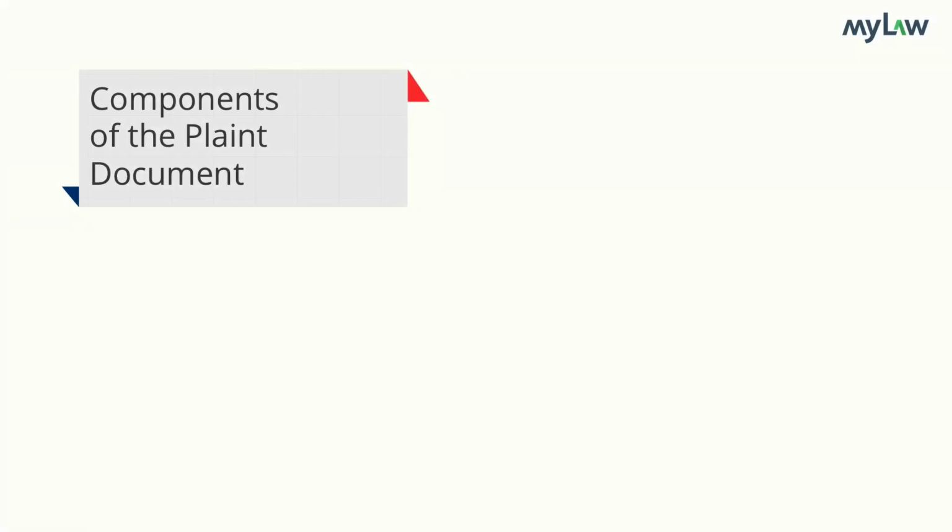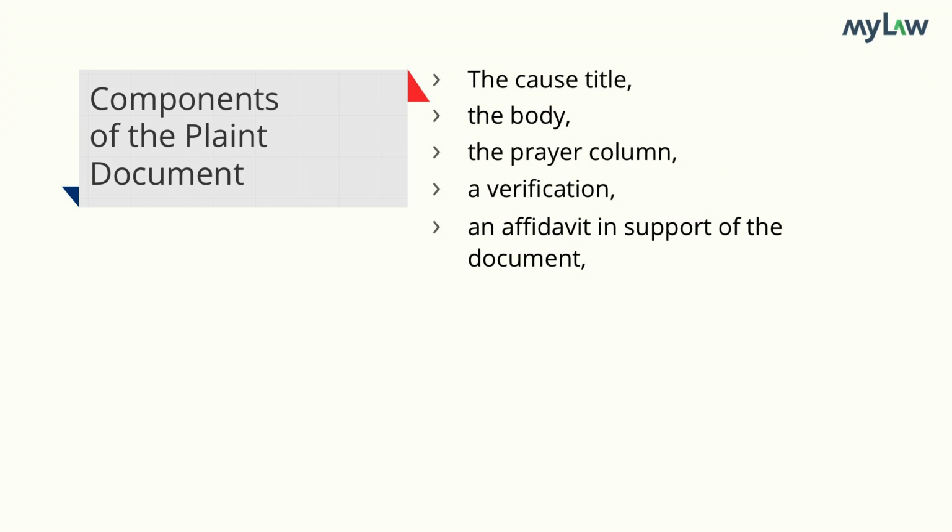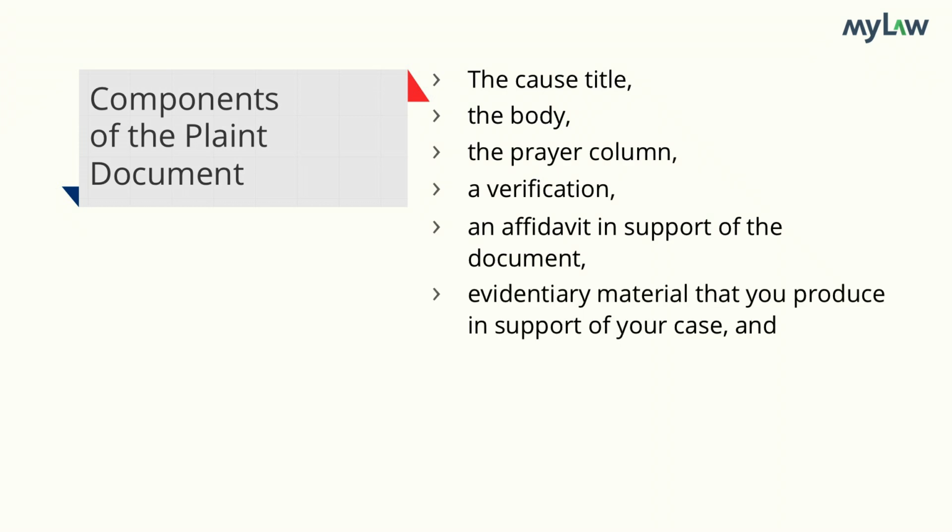As the reading material spells out, the components of the plaint document are the cause title, the body, the prayer column, a verification, an affidavit in support of the document, evidentiary material that you produce in support of your case, and the wakalat.